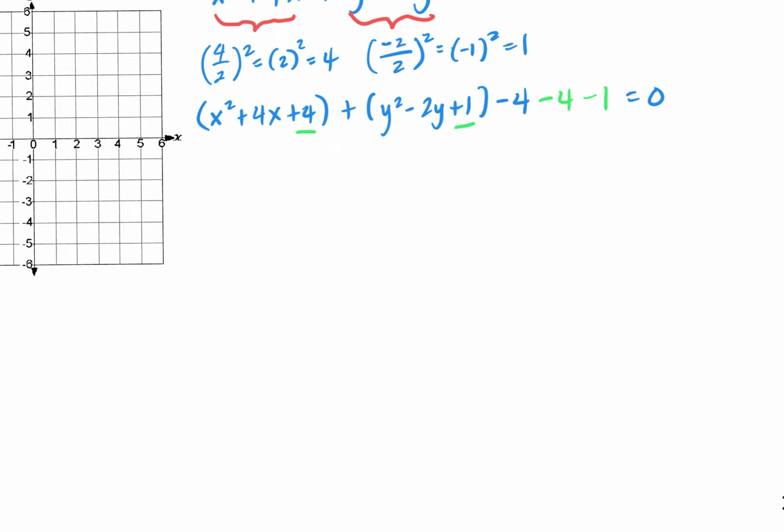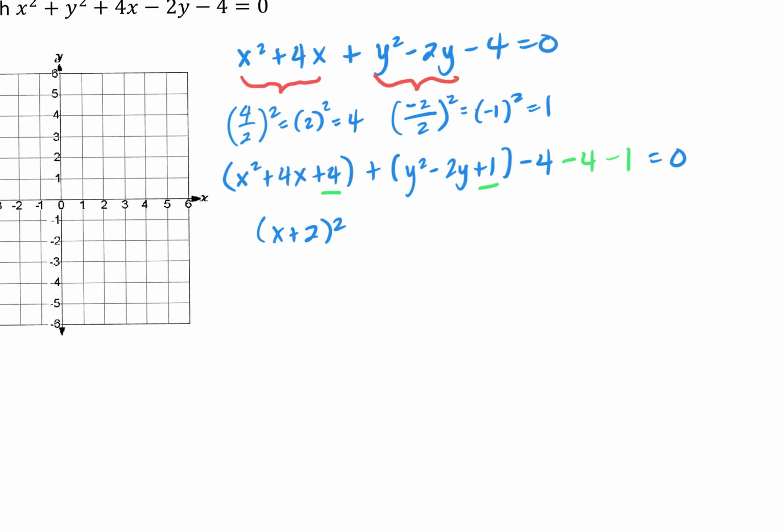The x squared plus 4x plus 4 factors as x plus 2 squared. Again, if you forget how it factors, just go back up to when we took half of. It was a positive 2 squared, so it's a plus 2 squared. Now if we look at the y's, remember it was a negative 1 squared, so this factors as y minus 1 squared. And then the minus 4, minus 4, minus 1 would be a minus 9.